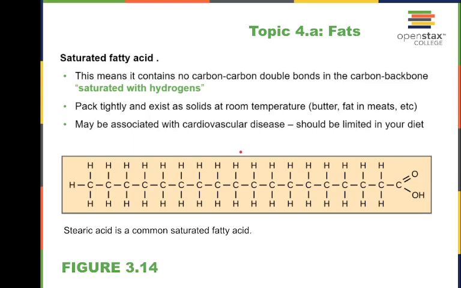One type of fat is a saturated fatty acid, and saturated, you always want to think of saturated meaning it's saturated with hydrogens, or it has the most amount of hydrogens that are physically possible on the molecule.